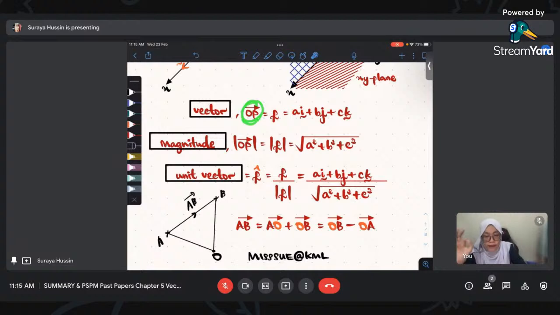This writing is very important sebab itu adalah cara penulisan vector. It's always with O di depan, origin di depan. Jadi kalau bukan origin di depan, bermaksud you kena tukar. You kena tukarkan dia menjadi OA. Dan bila you tukar direction bermaksud you akan tukar simbol positif kepada negatif.